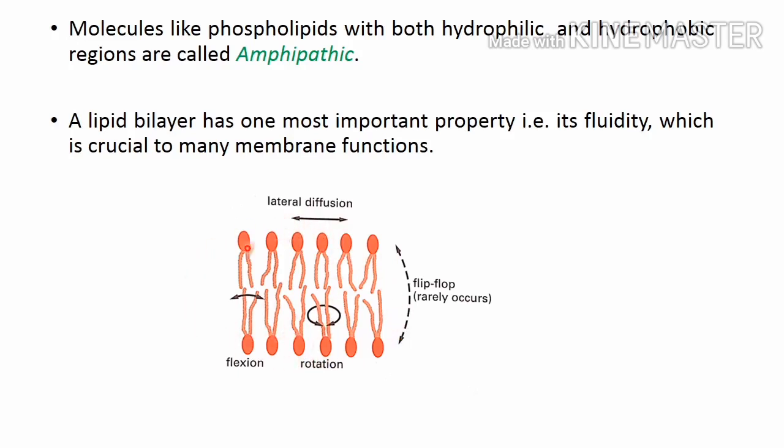This indicates that a biological membrane is somewhat liquid in nature, that is, it shows fluidity, and that's why the famous fluid mosaic model was given to explain the structure of biological membrane: phospholipid molecules are fluid in nature, whereas the protein molecules present in between the phospholipid molecules show the mosaic pattern of the biomembrane.